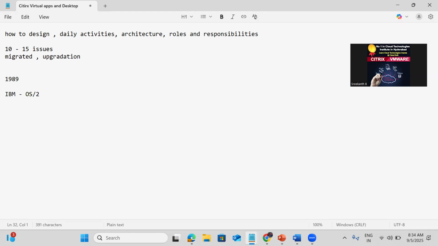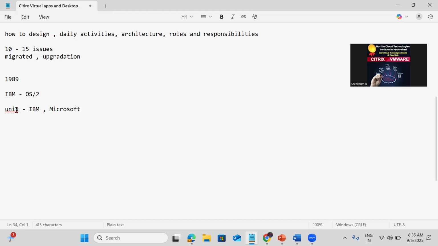OS2 is one of the Unix operating systems, and in those days IBM and Microsoft had the hardware only, and the operating system they used was OS2. If there was any problem with OS2 on IBM or Microsoft devices, this team used to support those OS2 issues.